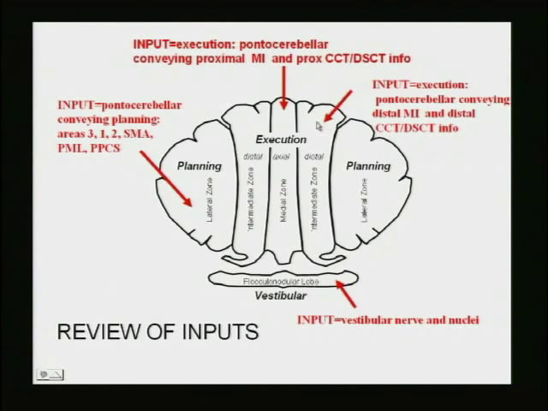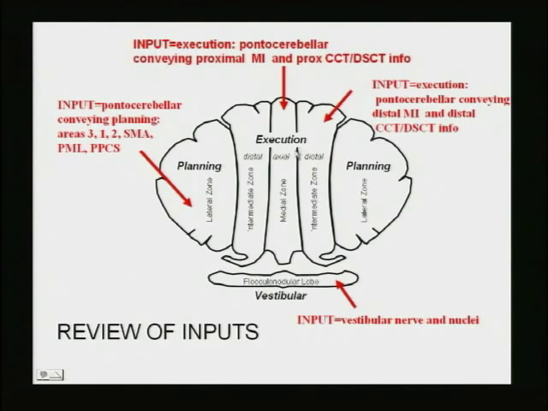Input to the intermediate zone, again, a lot of the cortex has to go through the pons. So we're talking M1, information coming down, corticopontine from M1 about distal muscles and, oops, I forgot, also proximal muscles. And don't forget the cuneocerebellar tract and dorsal spinocerebellar tract, coming up into here via the inferior cerebellar peduncle.